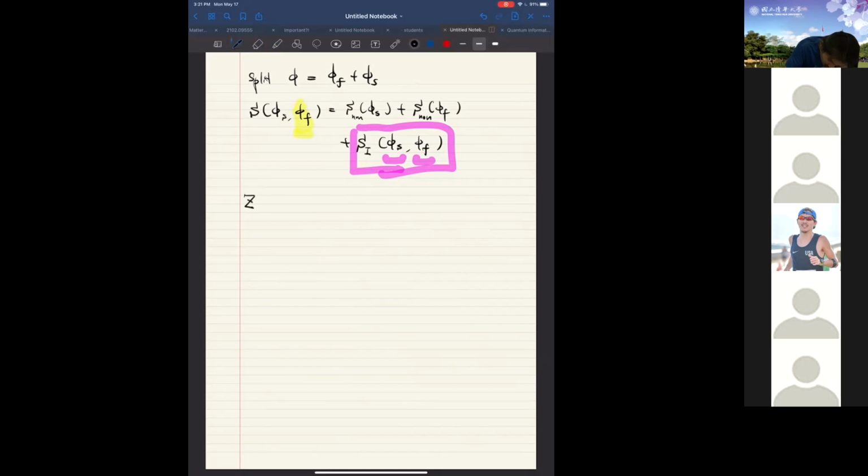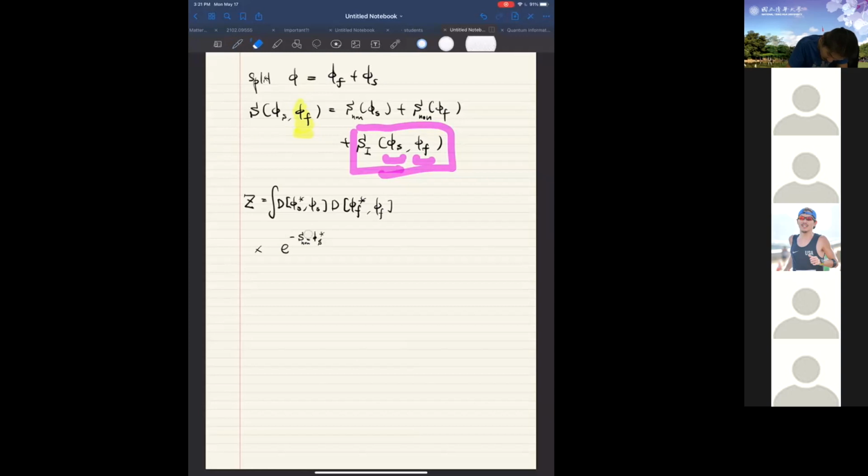Start with the action, which is an integration over the slow and the fast field here. Then we can group it into two different groups. One is the non-interacting part, which only contains the slow modes.